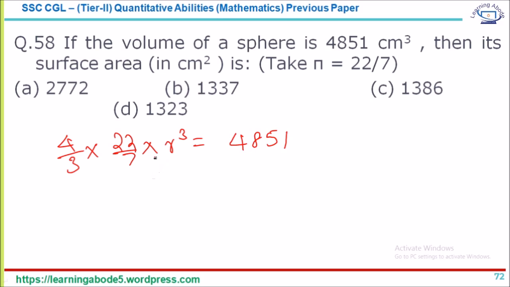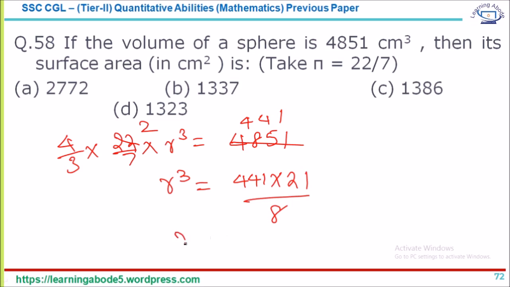If you simplify, you get R cube is equal to 441 into 21 by 8. So R is equal to 21 by 2, that's 10.5.